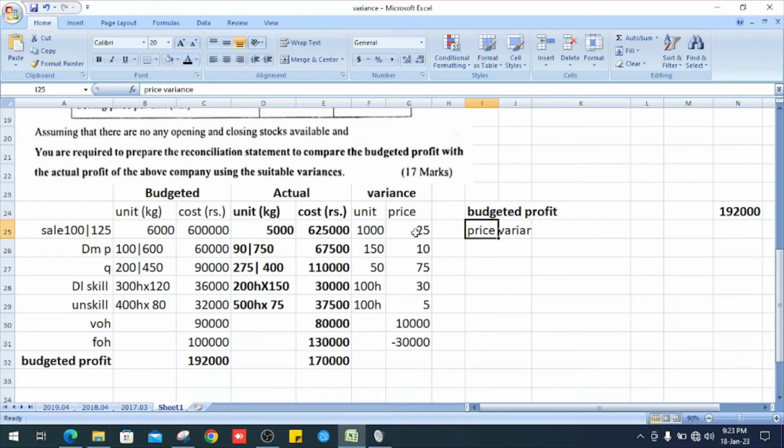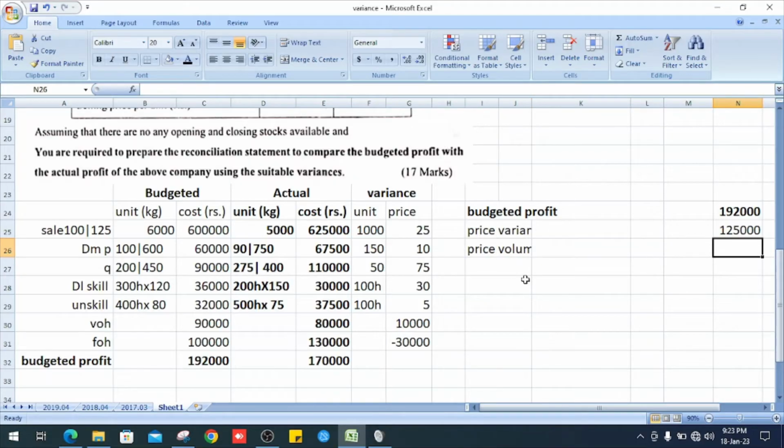The price variance is 25, and we actually sold 5,000 units, so 25 into 5,000 is 125,000.